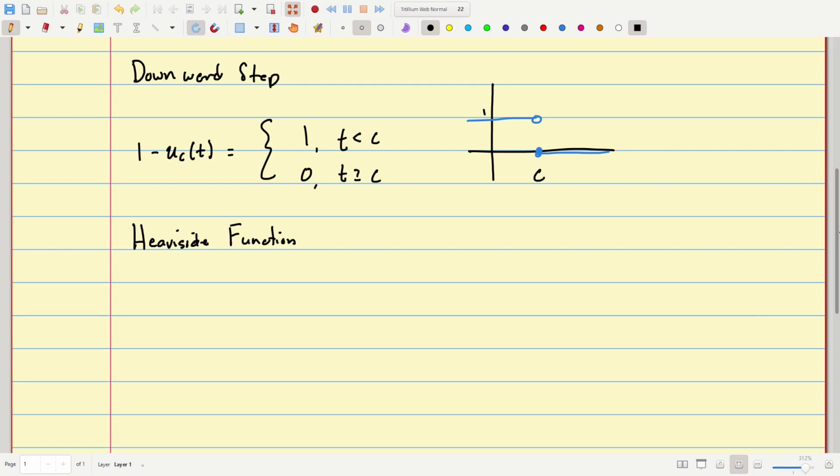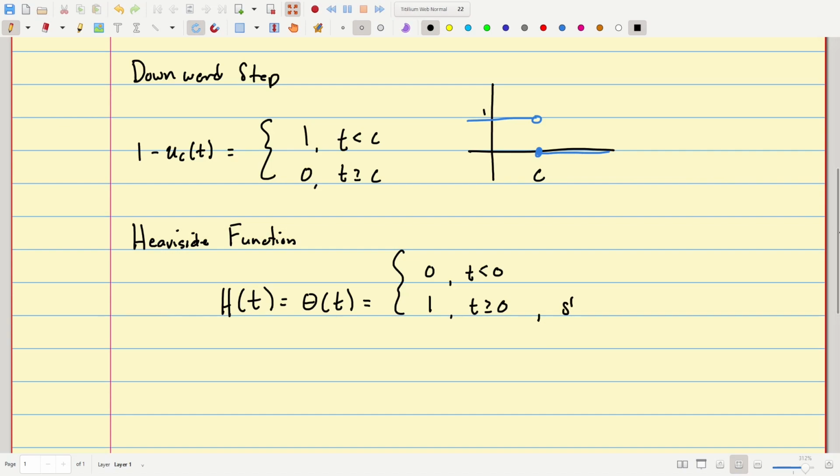The Heaviside function is given the notation capital H of t, or sometimes theta of t. And it is piecewise defined to be 0 for values of t less than 0, and 1 for values of t that are greater than or equal to 0.